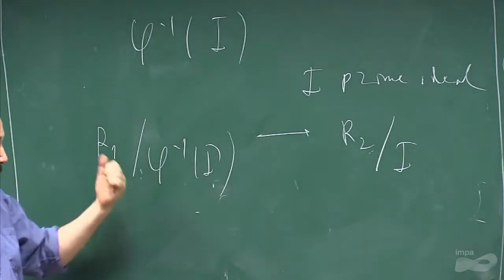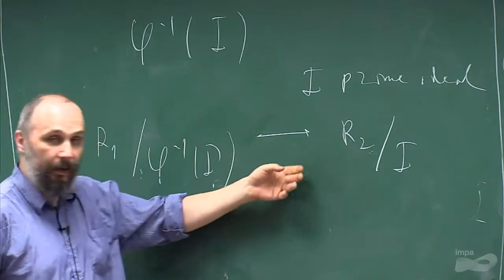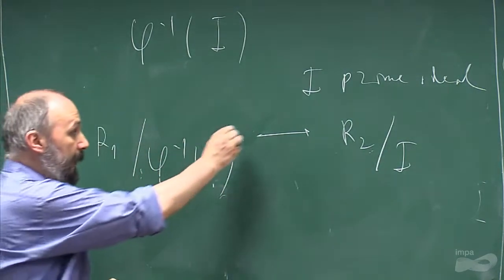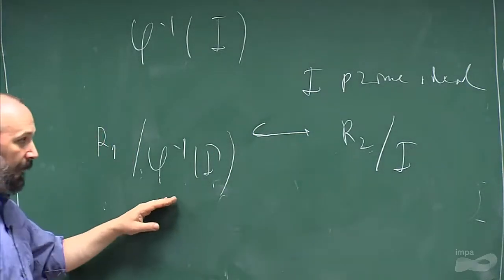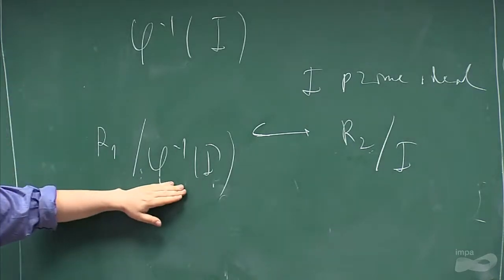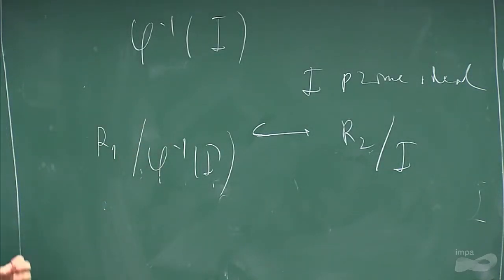I mean, you take the preimage of 0. So all elements which vanish in R2, after you take the quotient, become 0. So this is an injective map. And if this has no zero divisors, this ring has no zero divisors. This is why the preimage of a prime ideal is prime.